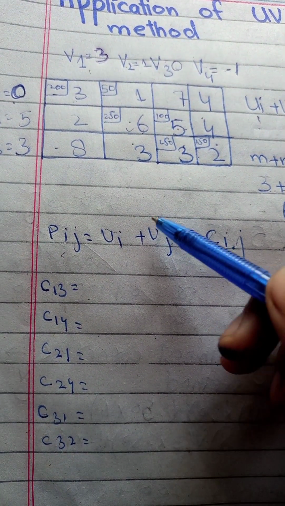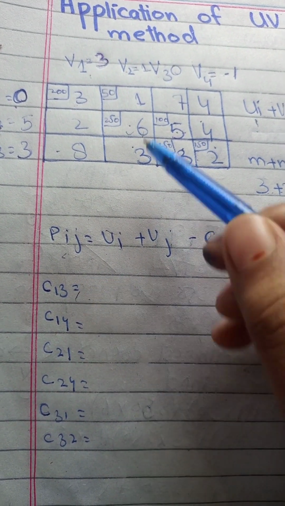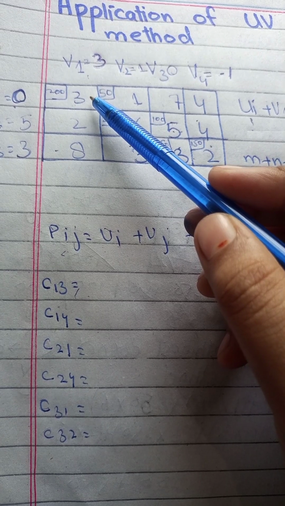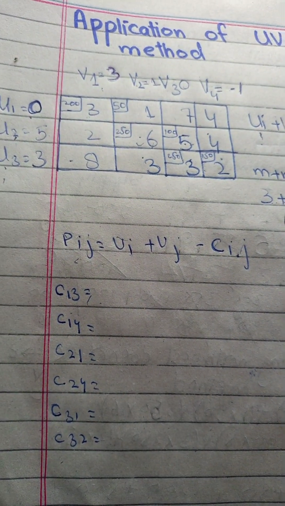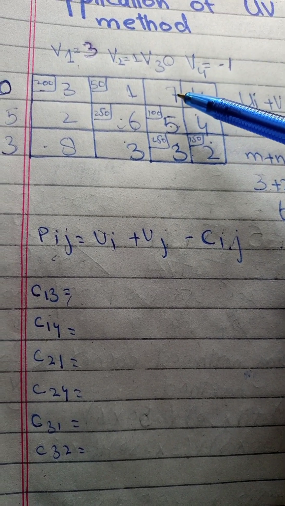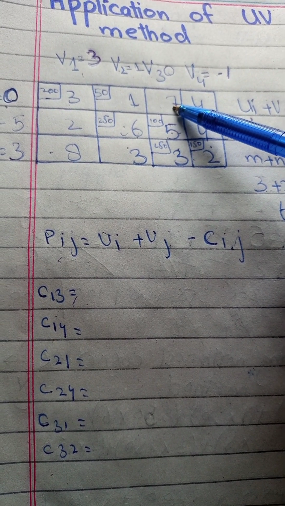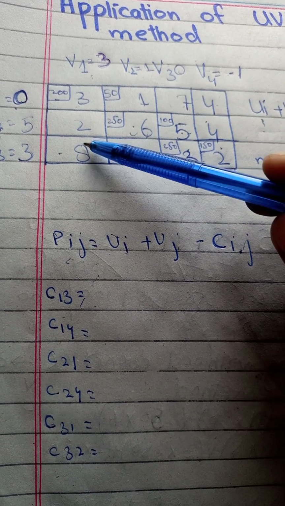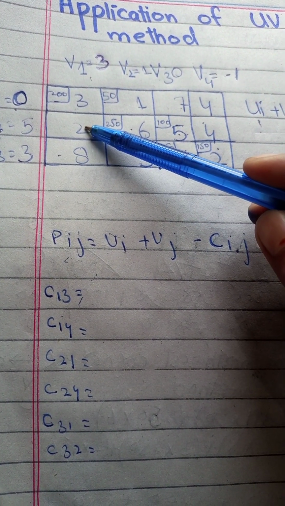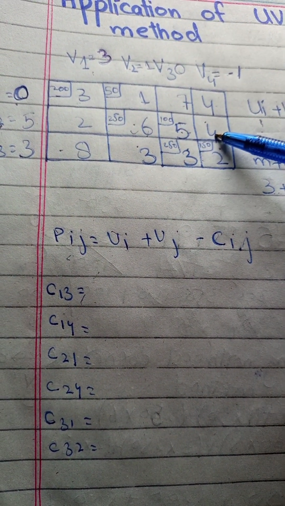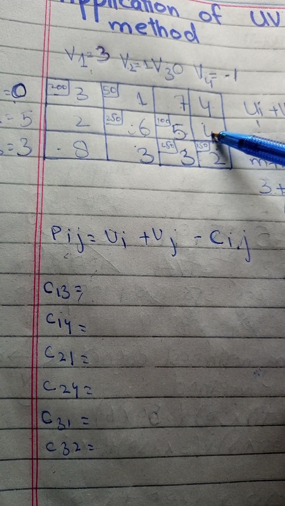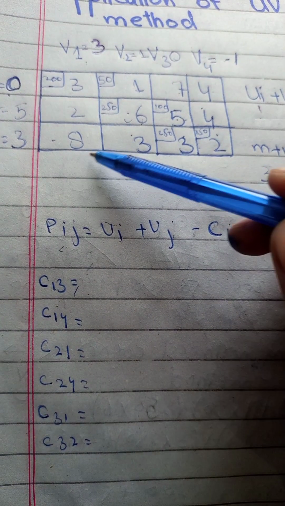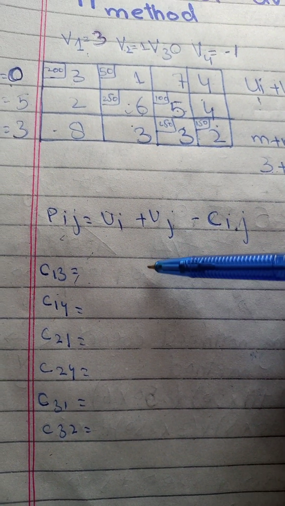So by using this formula, C13, which is row 1 and column 3, and C14 row 1 and column 4, C21 row 2 and column 1, at the same time row 2 and column 4. We have to find the 6 values here.